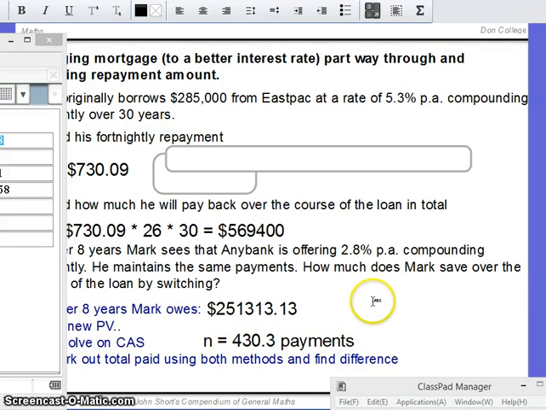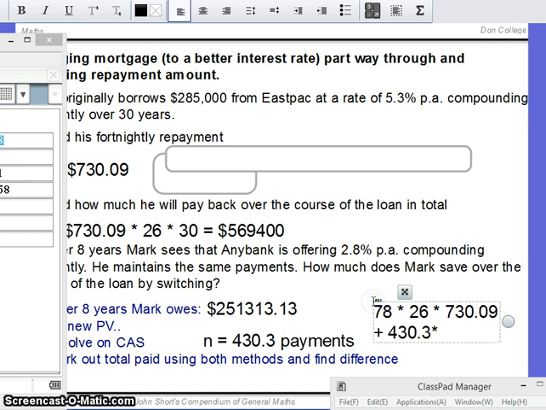How much would we pay using the new method, and then work out the difference. So the difference here is that we did 8 years at the old method, so 8 times 26 times $730.09, and we're going to add then our 430.3 lots of $730.09. So that's 8 years plus our now shortened amount, 430 periods, at that amount as well. So we're going to work out what that is.